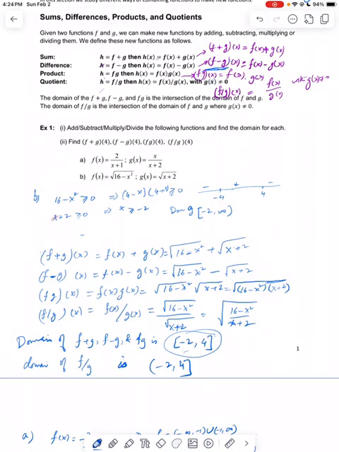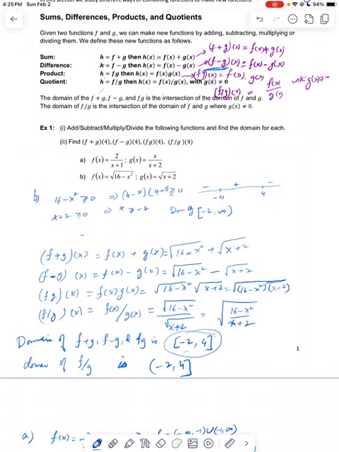The domain of the first three is found by finding the common domain of the functions f and g. What about the quotient? For the quotient, it's the common domain of the two functions, but we also have to check the values where g becomes 0, and throw those values away if they already exist in that common domain.